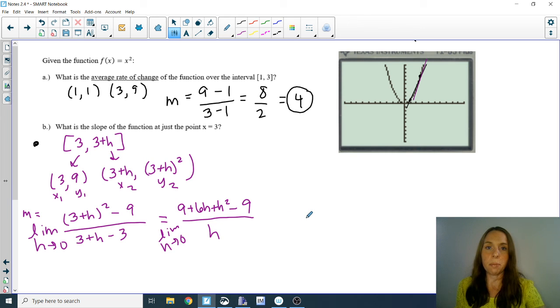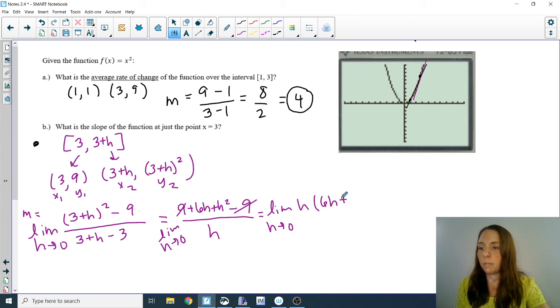Can you see what's going to happen? Maybe you can even find the answer. The answer is one of these numbers in here. Which one is it? Well, these are going to go away. What's left has a common factor of h. Whoops, I messed up.